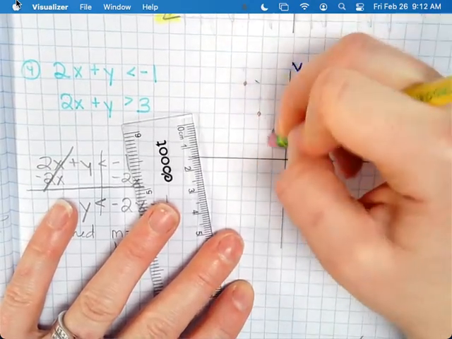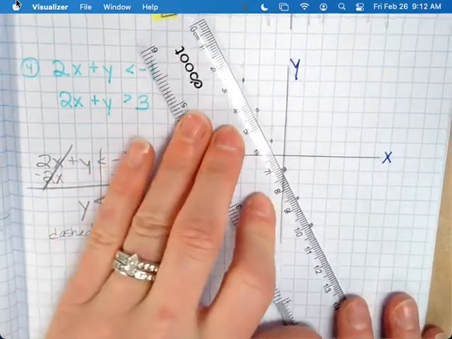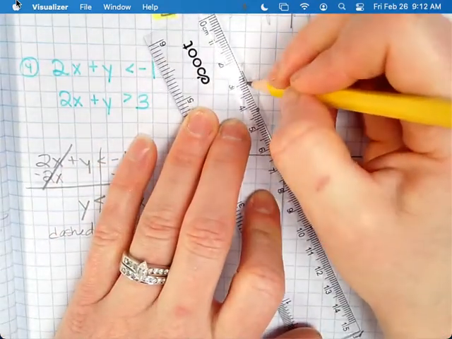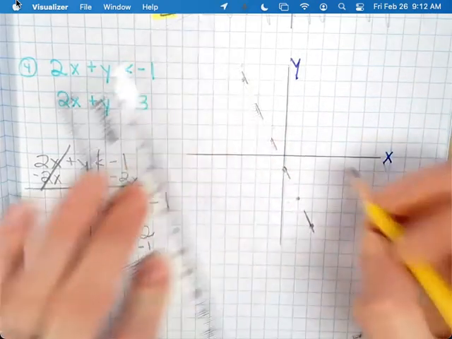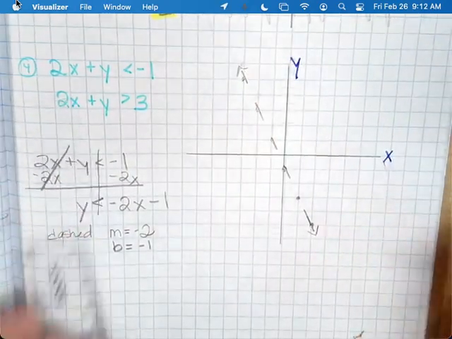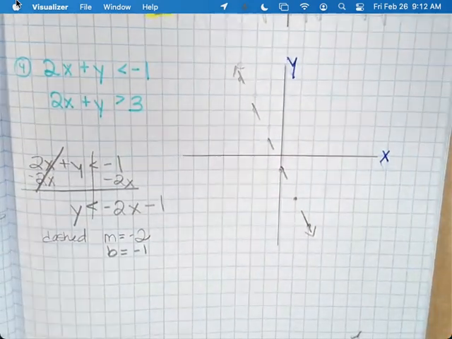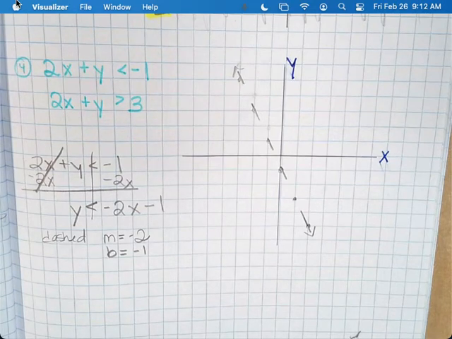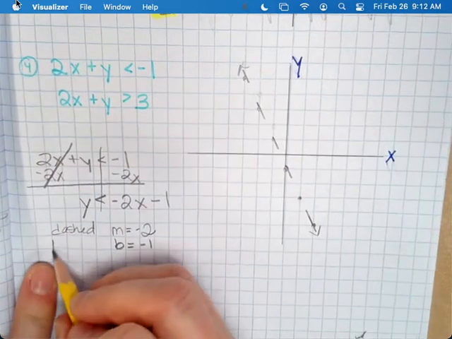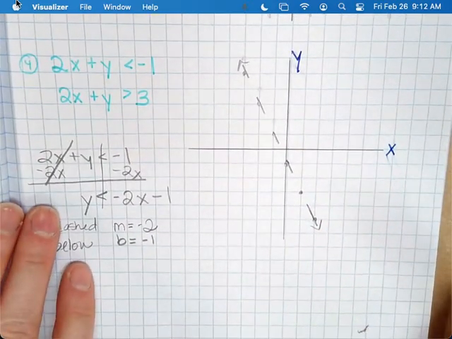I'm thankful I was writing in pencil again. I get ahead of myself a little bit. Okay, now are we good? And then how are we going to shade? Below. So is that going to be on the left or right?